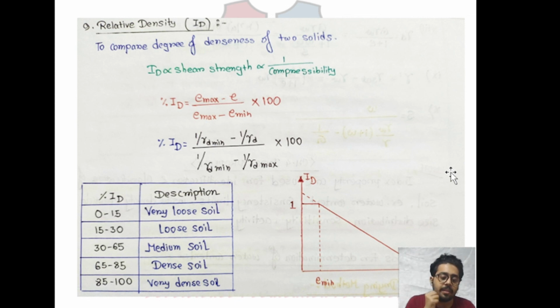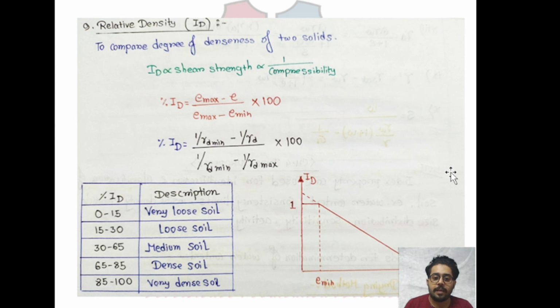Now the formula of the relative density is (e max minus e) divided by (e max minus e min). Here e means the void ratio, e max means maximum void ratio, e min is the minimum void ratio, and e is the laboratory void ratio. Relative density ID can be represented in the form of percentage, or it can also be represented by the dry density.